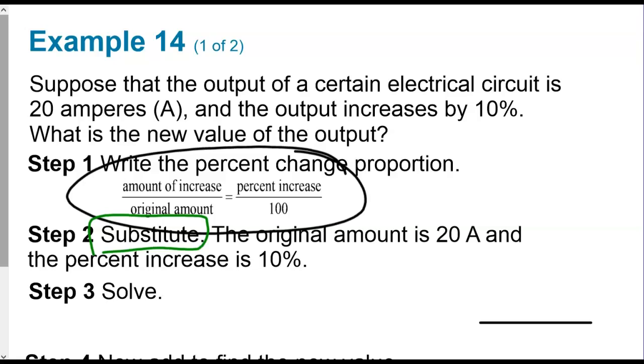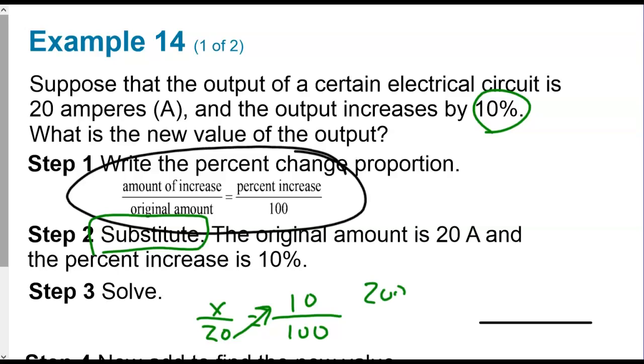We're looking for the amount of increase, and the original amount that we have is 20 amps. We know that our percent increase was 10%, and that was over 100. We're looking for x right here, so we're going to cross multiply and divide, and that's going to be 200 over 100.